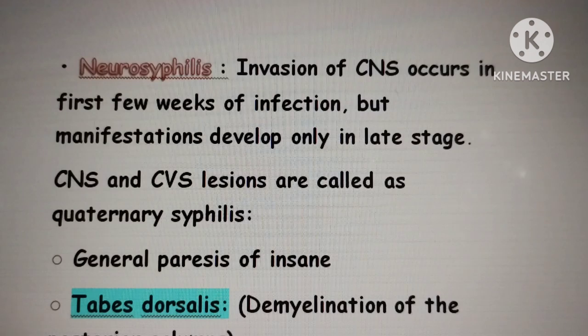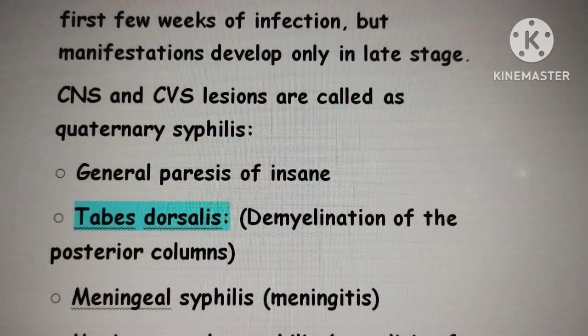Each and every point is important here; I'm not taking anything irrelevant. These are all points which can be asked in MCQs. GPI, general paralysis of the insane, and tabes dorsalis, which is demyelination of the posterior column of the spinal cord.